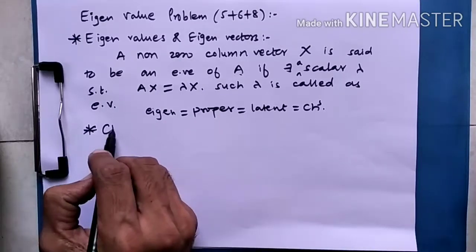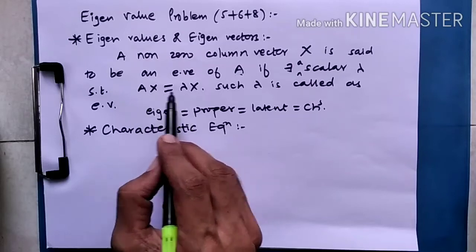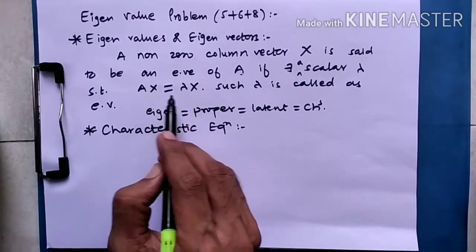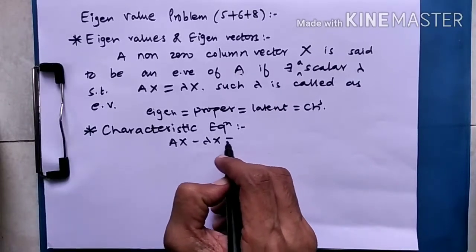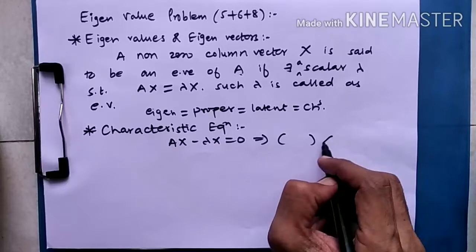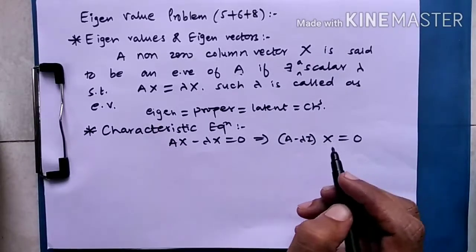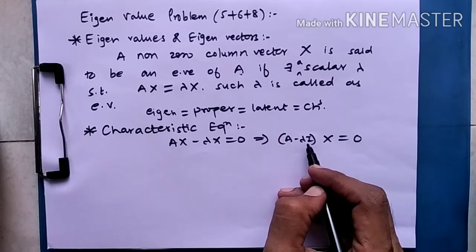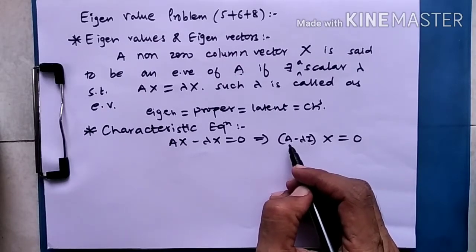Now let us define characteristic equation. I will rewrite the same equation again, Ax equals lambda x. This can be written as Ax minus lambda x equals 0. You can observe that x is common to both values. So remaining will be A minus lambda I. We should write here lambda I because we cannot add or subtract a number to the matrix.